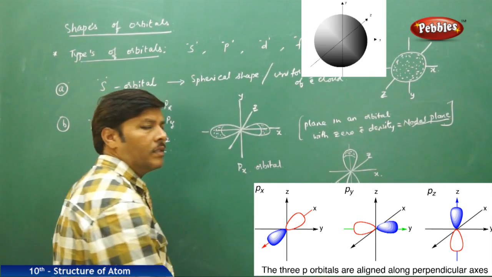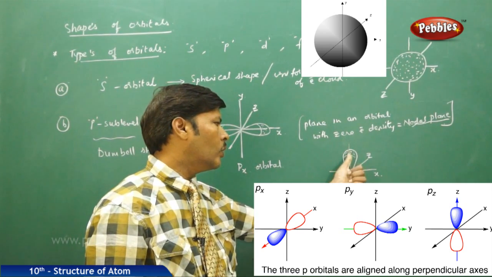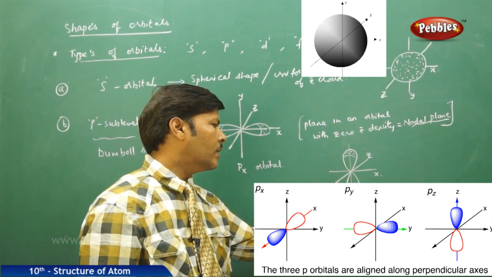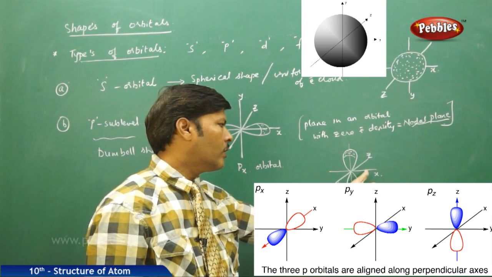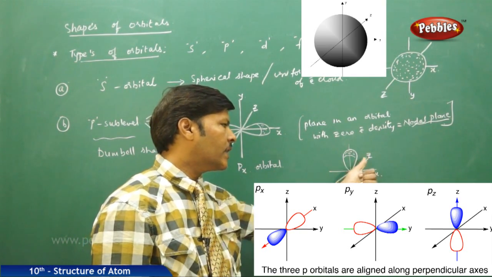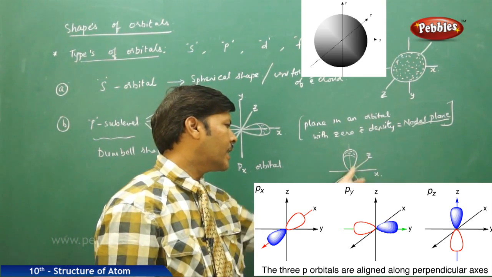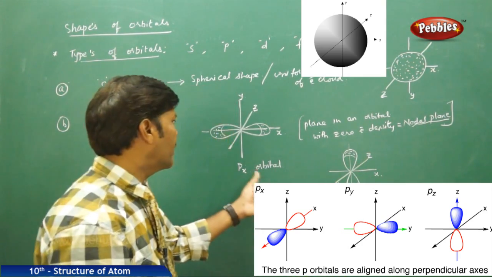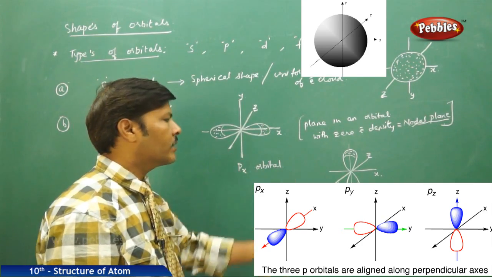What you are noticing here is that the two lobes are aligning themselves in the y-axis. So you find the electron density only in the y-axis, but not in the x-axis as well as z-axis. So nodal planes are obtained in the x-axis and z-axis in the case of py orbital, and nodal planes are obtained in the y-axis and z-axis in the case of px orbital.